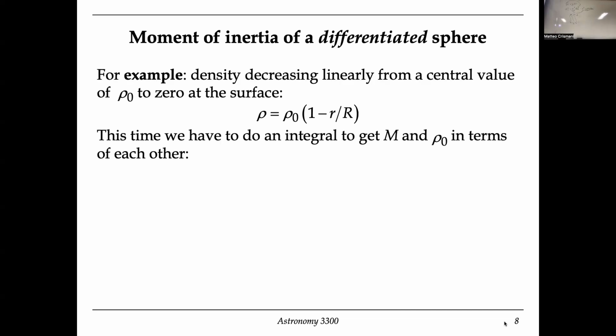And it's just the core value. Okay, and then what about when little r is big R? Good, right? That's what we wanted. So that's the simplest way to write a linearly changing density. It's the slope of density as you move through the object. Okay?